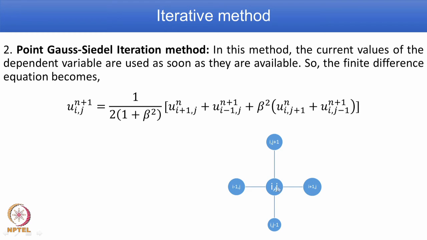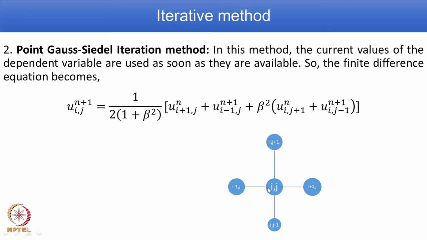So, in the computational molecule, if you look at, i comma j is the point of interest, u i minus 1 is on the left side and u i j minus 1 is at the bottom. Values at these two nodes are known from just immediately completed iteration procedure. So, they can be immediately used because they are available.